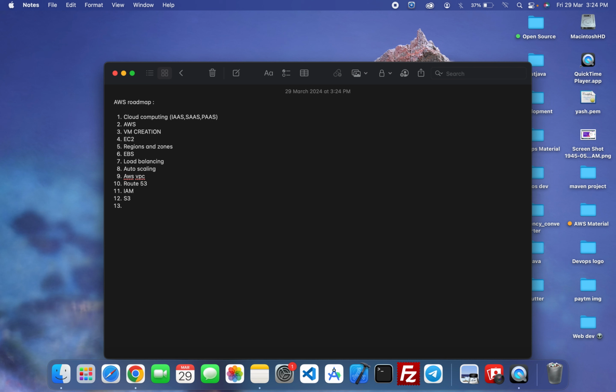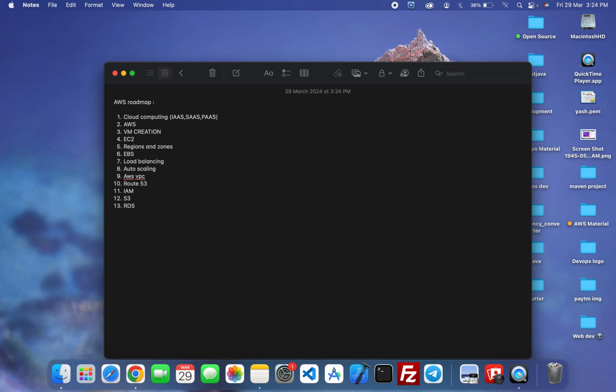So the next topic is RDS. RDS stands for Relational Database Service. It is only a database service. There are two types of database, SQL and non-SQL. In SQL we have examples like MySQL, and in non-SQL we have many examples like MongoDB and DynamoDB.